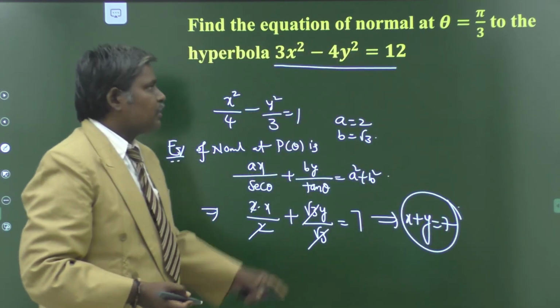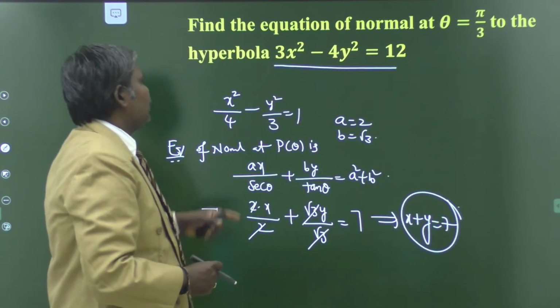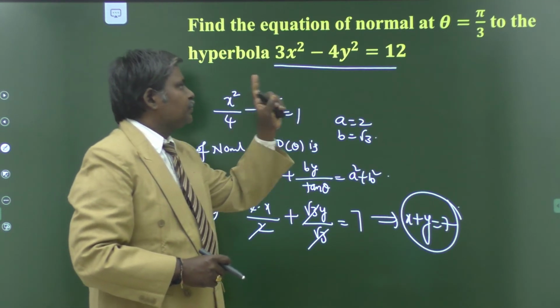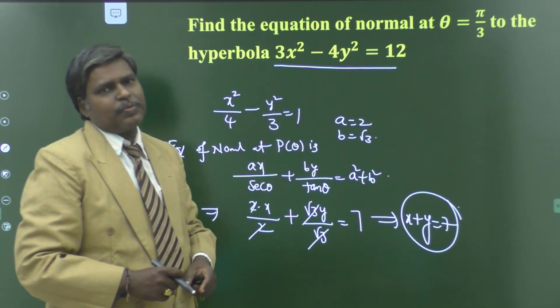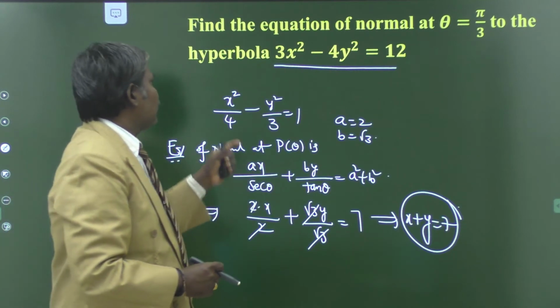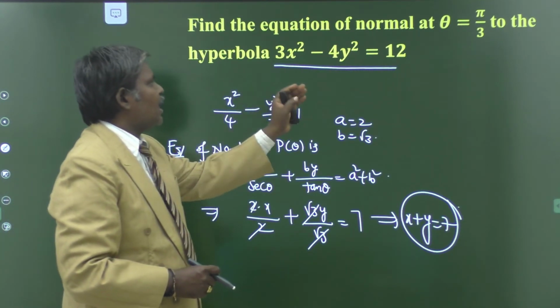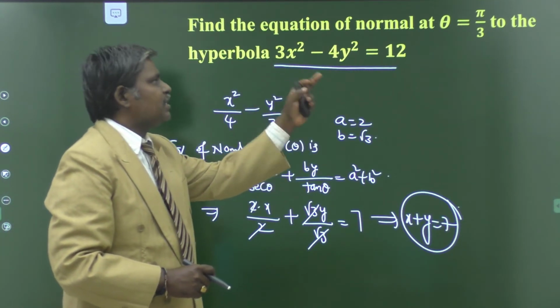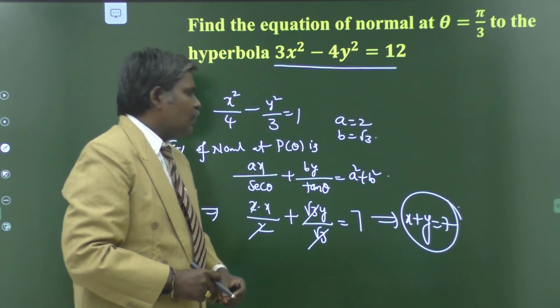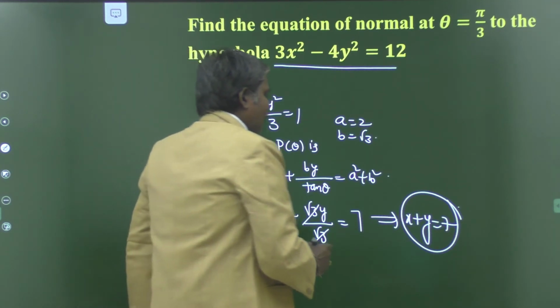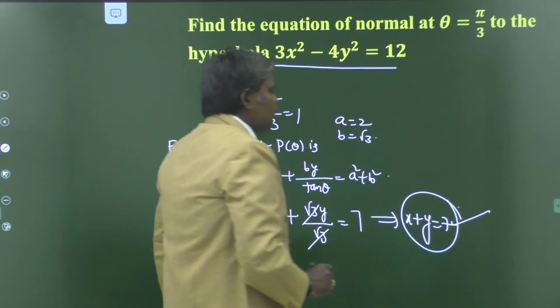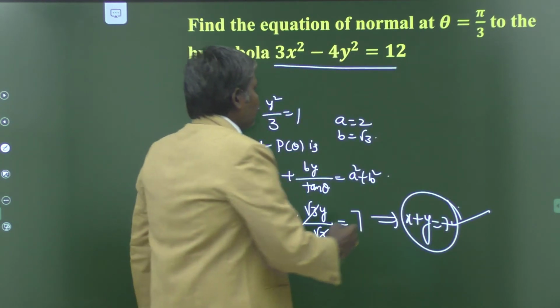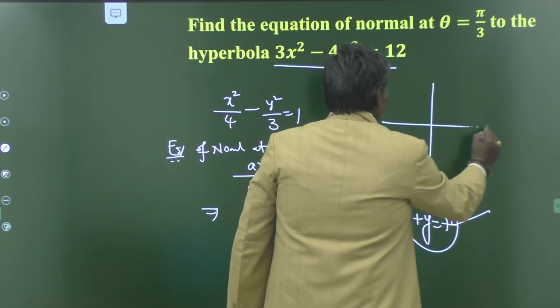So x + y = 7 is the equation of normal at θ = π/3. That means the point P whose eccentric angle is π/3. We are finding the equation of normal at the point whose eccentric angle is θ = π/3. That is obtained here as x + y = 7. Suppose this is your hyperbola.